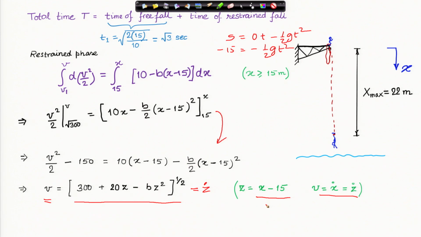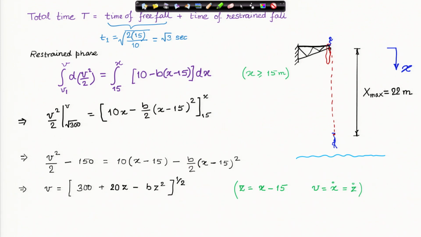If I have this, then I can now write the time elapsed. So, dz divided by this under root expression. Now, this integration I have to do.